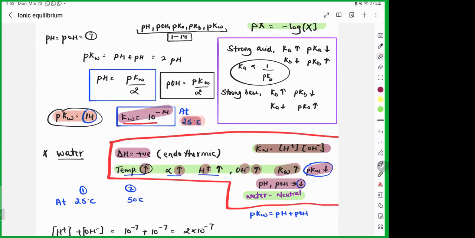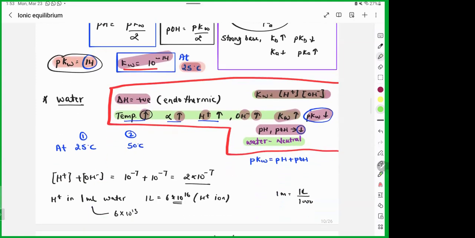For example, if you have a strong acid, then Ka value will be more. If Ka value is more, then pKa value will be less. And the opposite for the base: if acid is strong, then base will be weak, so Kb value will decrease. In a strong base, the opposite.